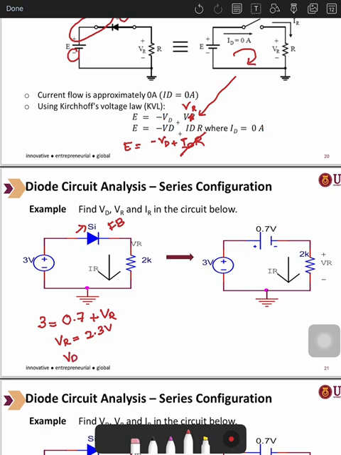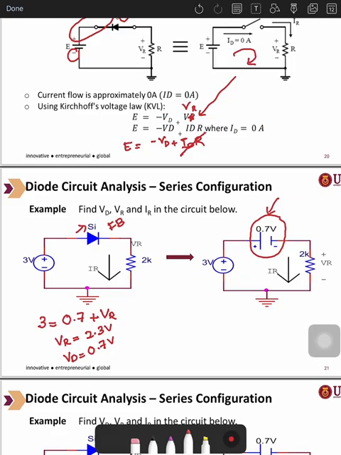Meanwhile, your VD we know is 0.7, because the diode used is the silicon diode. So you can see, if it is connected with the forward bias, we can replace it with a battery voltage, positive and negative, and then we can solve the equation.